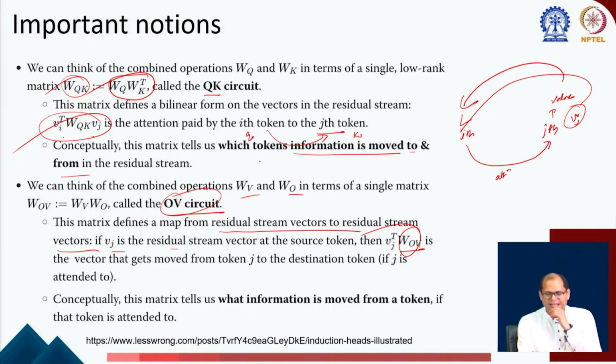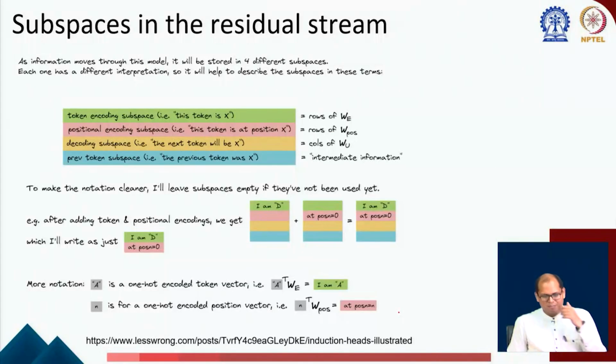The QK circuit tells us which token information is moved to and from, but what is the information exactly that is being moved? The OV circuit is telling us exactly what information is being moved. So, that is another abstraction of this idea of query, key and value and the WO matrix.